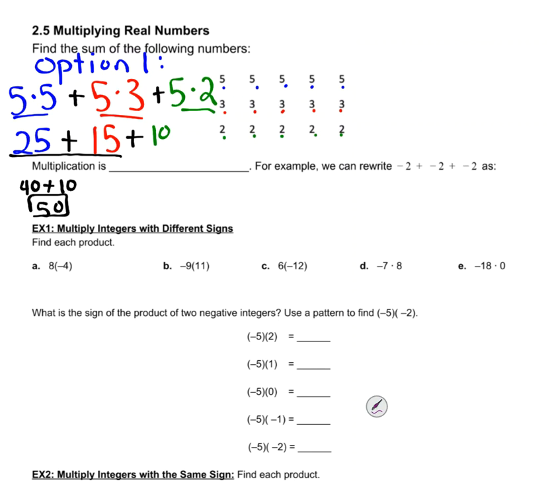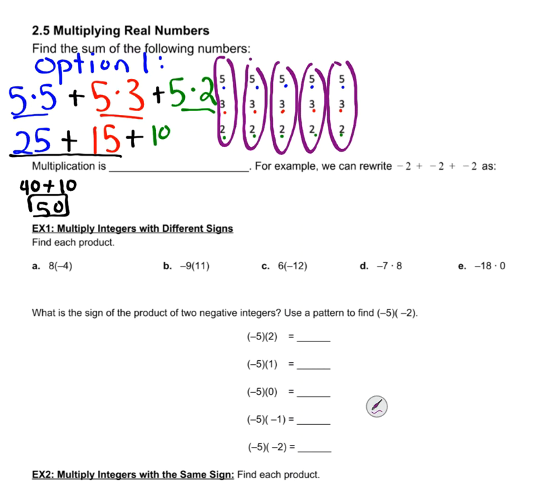Instead of looking at it horizontally, looking at it vertically, I've got 5, 3, and 2. Let's see, I've got 1, 2, 3, 4, 5 columns of 5, 3, and 2, each of them in it.